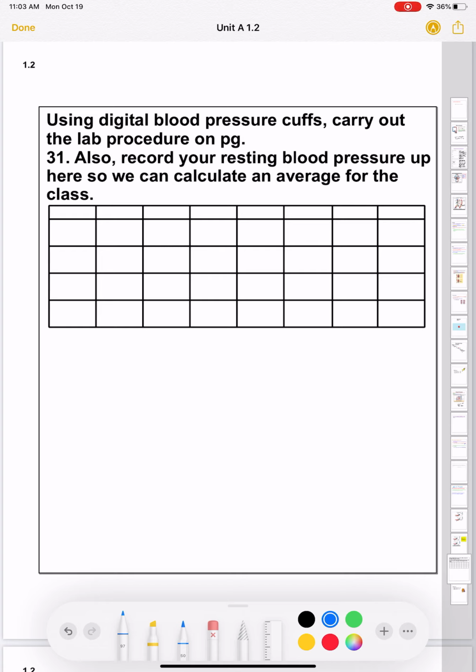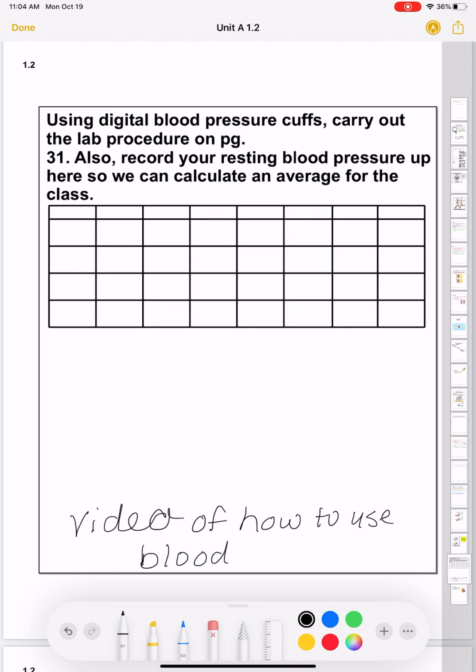If not, I'm sorry. I will maybe put up a video of how you do this. So we're going to put a video of how to use the blood pressure cuff. Okay.